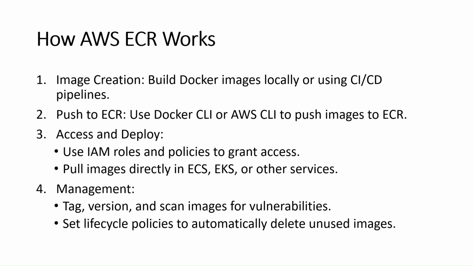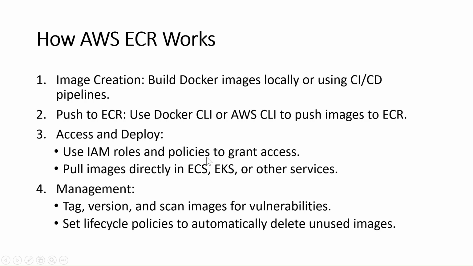After creating the image, you need to push it to ECR. You can use the Docker CLI or the AWS CLI to push the image to ECR. After that, you can control who can access your images using IAM roles and policies.